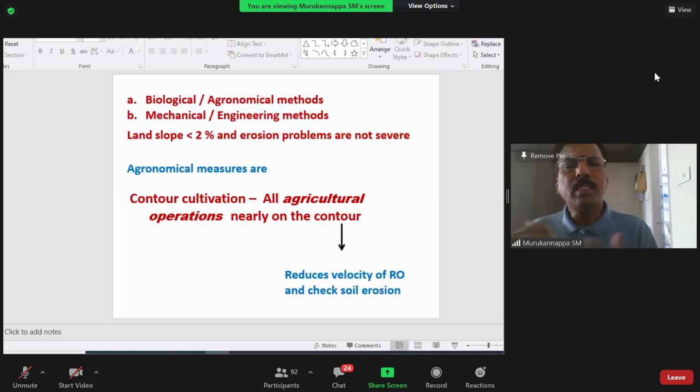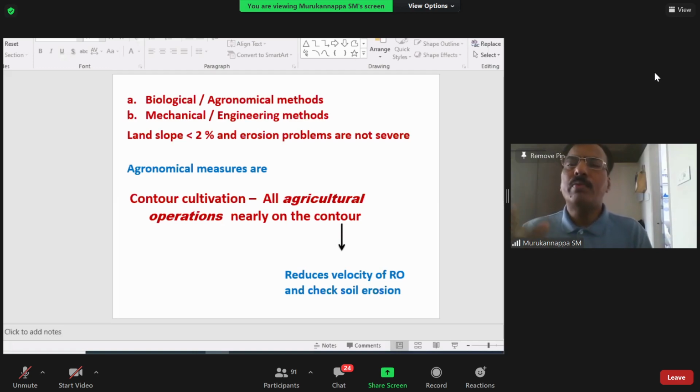Second one: in some situations where there is more slope, I already told you what are all the factors which are very important and play an important role in the erosion. The purpose of adapting the conservational measure is to control the soil erosion and to conserve the maximum rainwater so that it does not flow from a particular area.